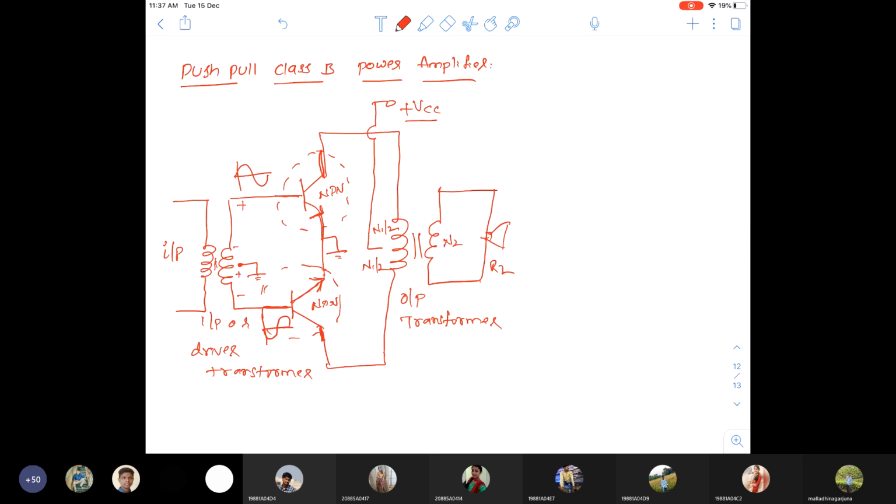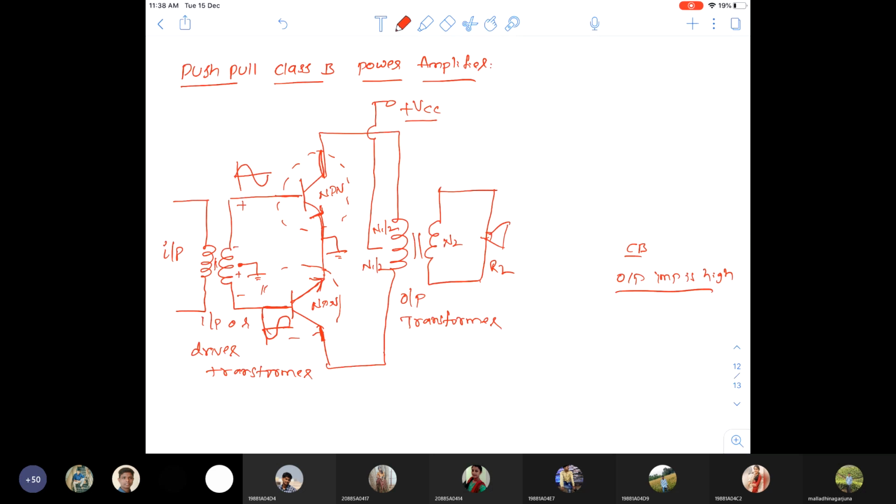Okay. So we are taking the CE configuration for the push-pull class B power amplifier. Even you can take a CB amplifier also. It's not that we have to take only CE. You can take a CB amplifier also, but the problem is the output impedance is high for the CB amplifier, but the loudspeaker input impedance is low.